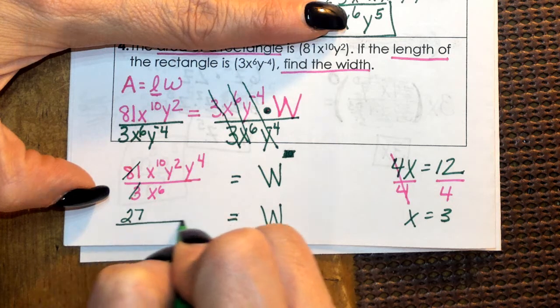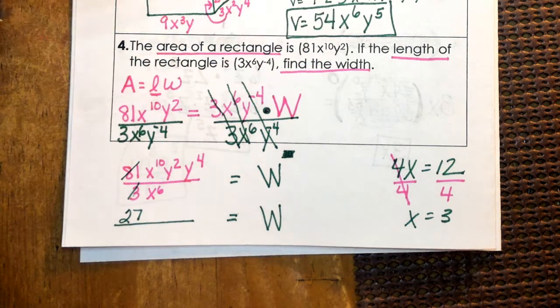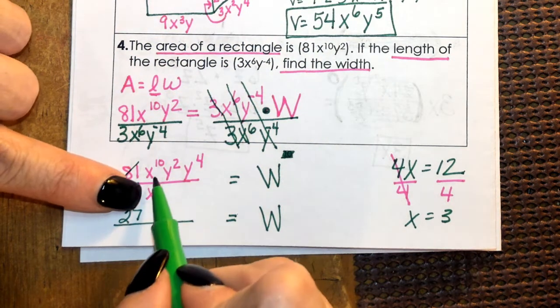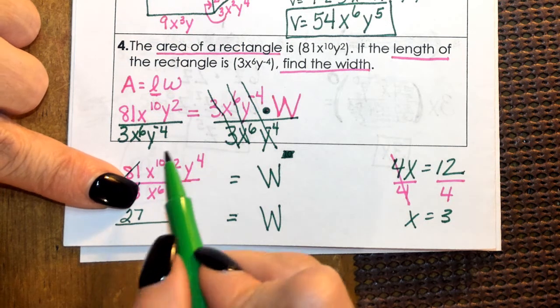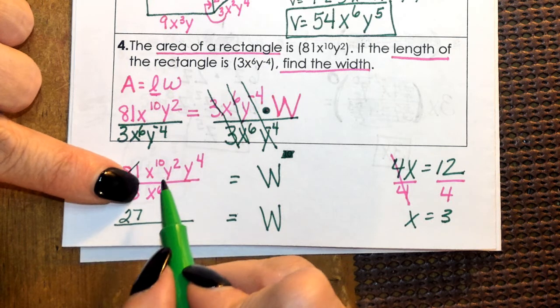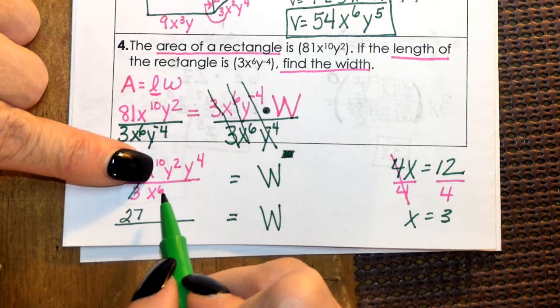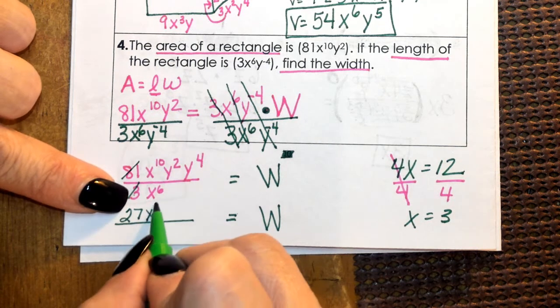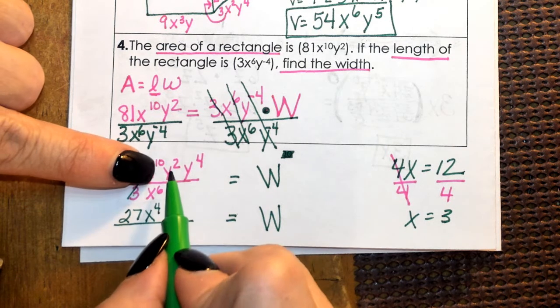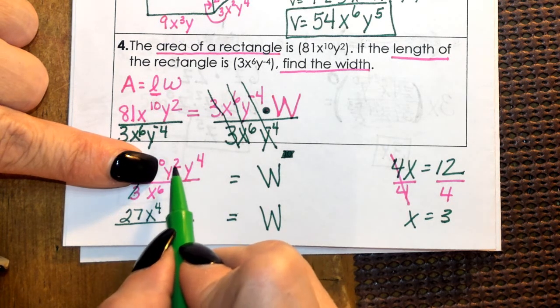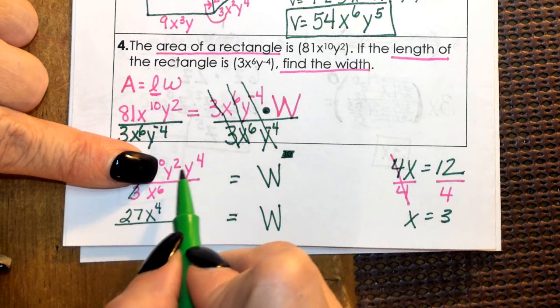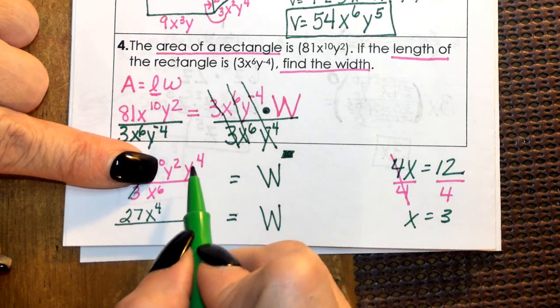And you know what? We're just going to go ahead and make a bar just in case we end up with something somewhere. 10 x's on top and 6 on bottom. Everywhere they line up, we're going to mark them off. So 10 minus 6 would be 4 x's. 2 y's here and 4 y's here, so 2, 3, 4, 5, 6.